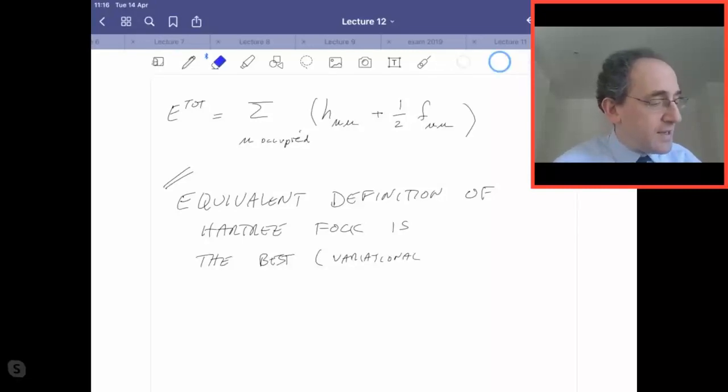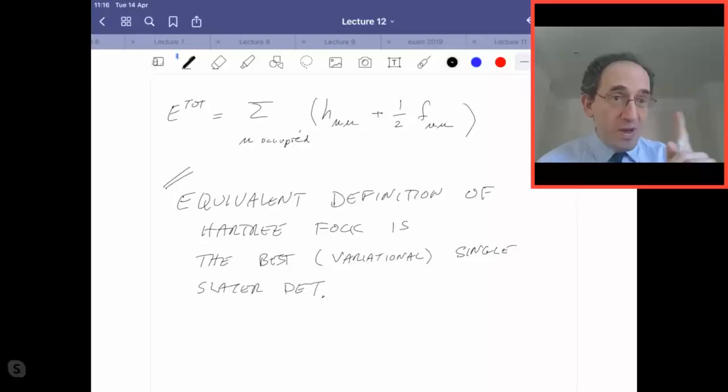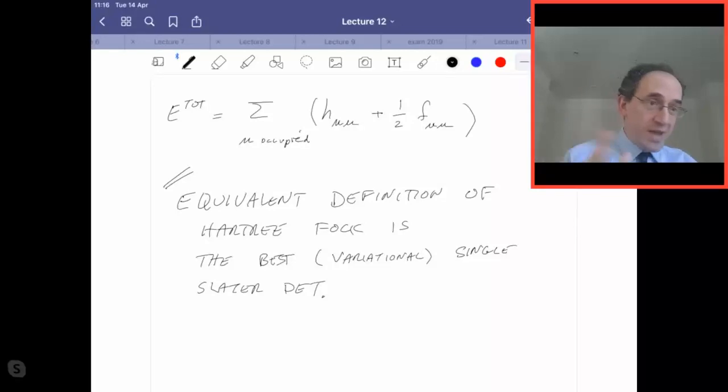Let me write it again. It's the best variational single Slater determinant wave function. If you consider all possible single Slater determinants, it's only one single Slater determinant, but you can put any orbitals you want in it.